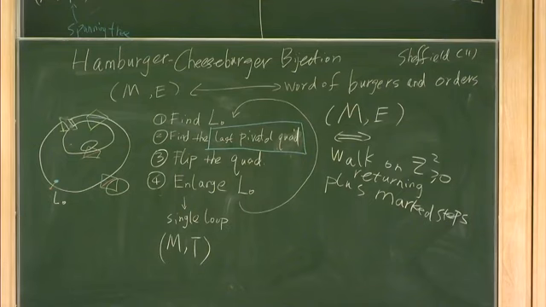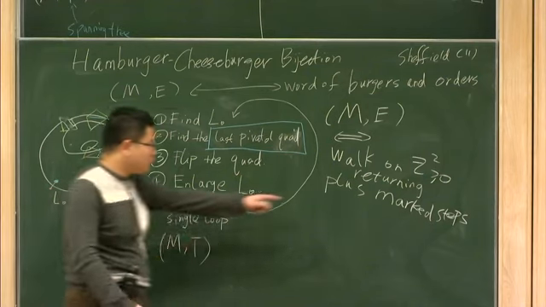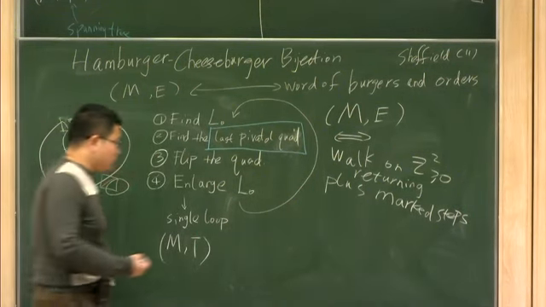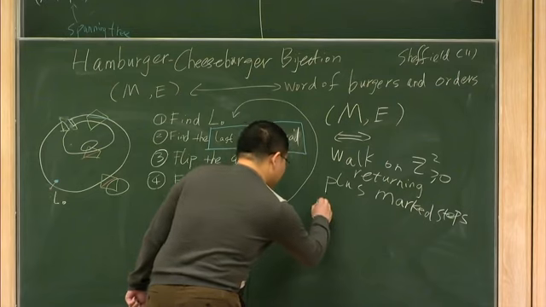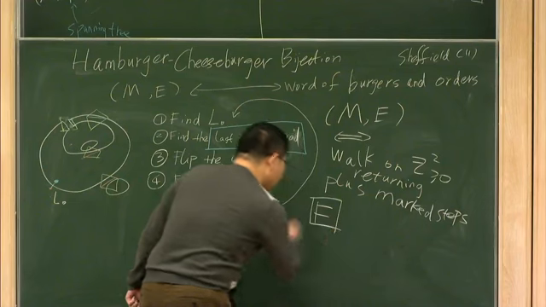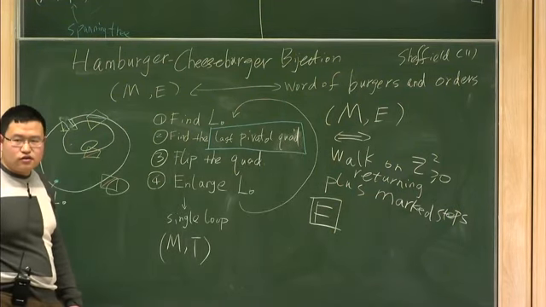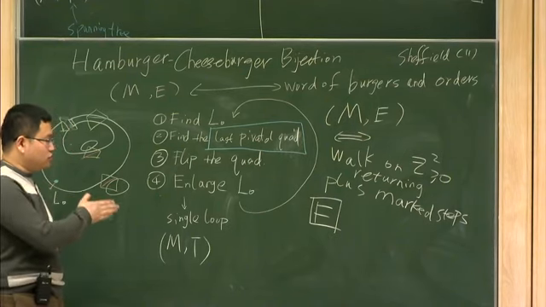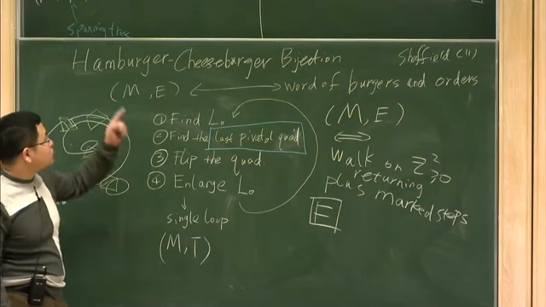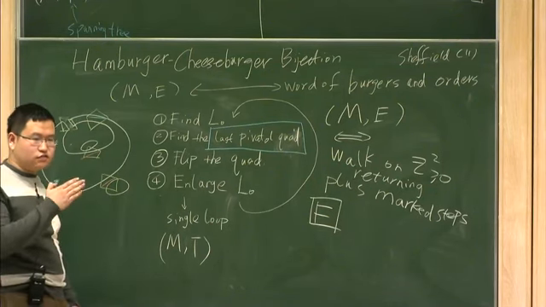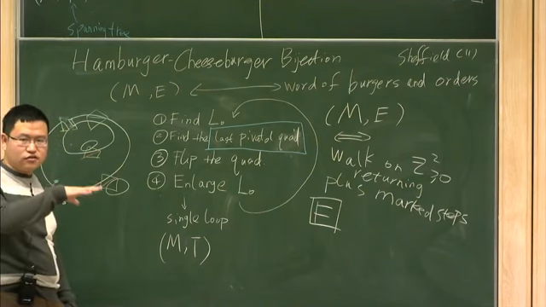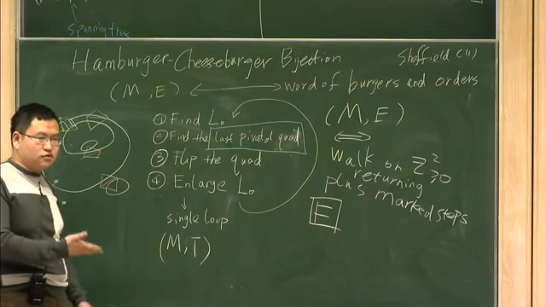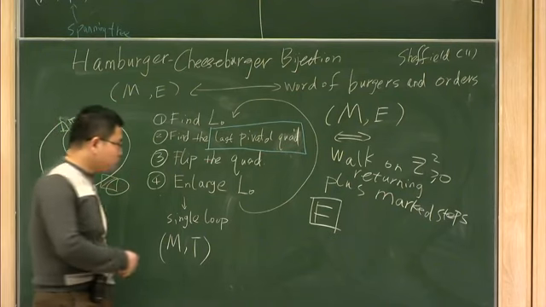There is a very easy way to encode this information, the marked steps, by introducing another type of customer. This type of customer will only order a fresh order. By fresh order, I mean that you keep reading the word of these 5 symbols, and if you meet a fresh order, you just eat the topmost burger, regardless of the type, because he only prefers the freshest.